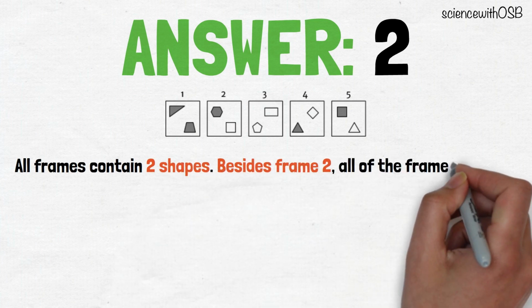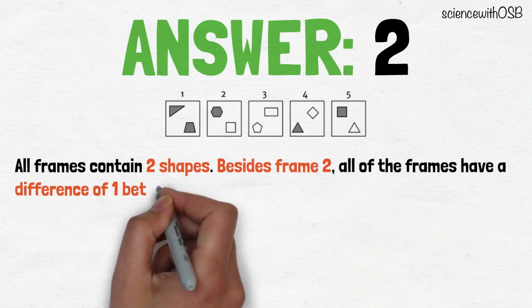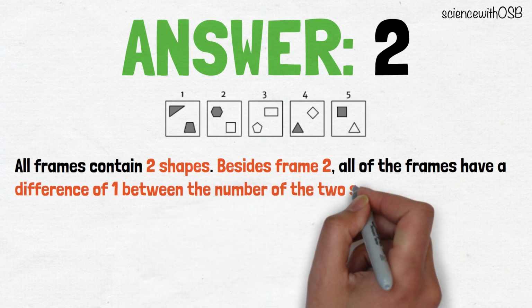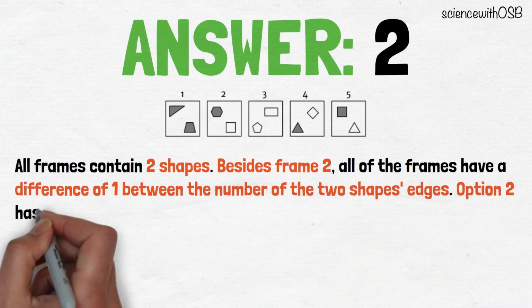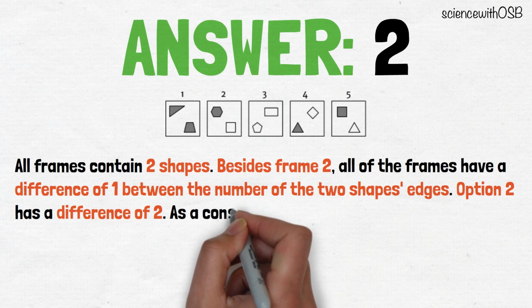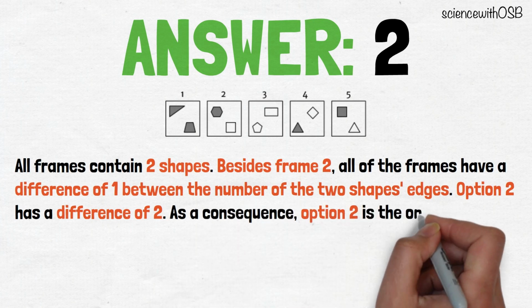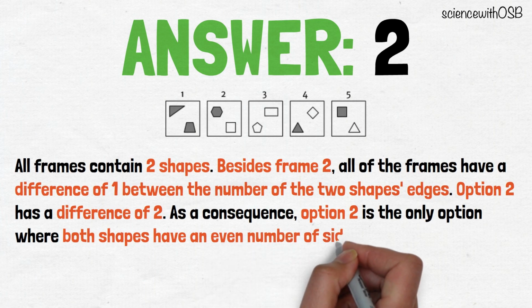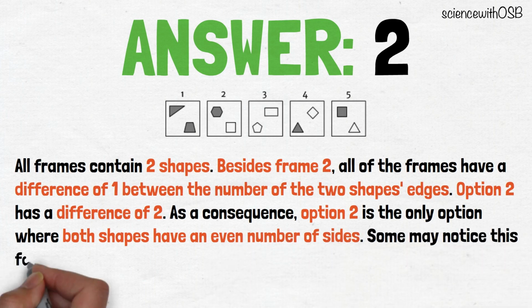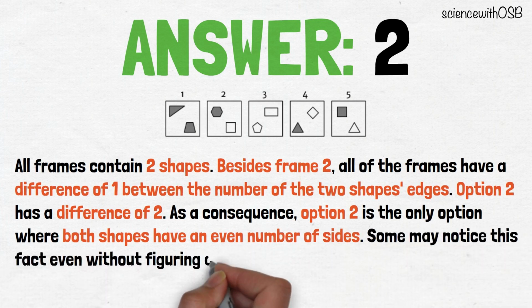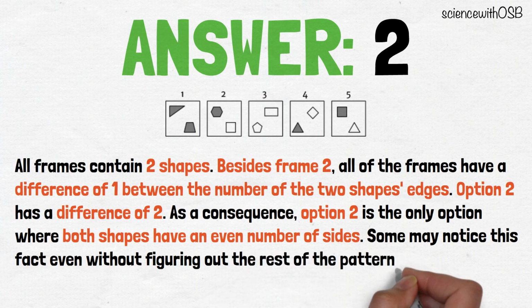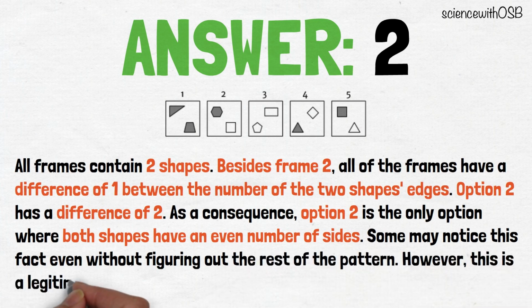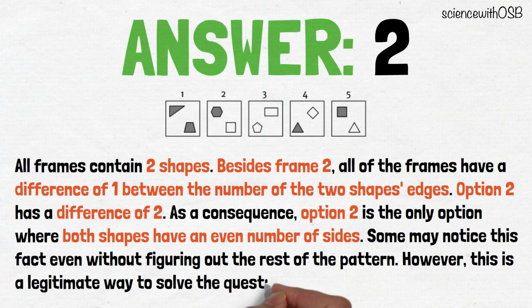Besides frame 2, all of the frames have a difference of 1 between the number of the 2 shapes' edges. Option 2 has a difference of 2. As a consequence, option 2 is the only option where both shapes have an even number of sides. Some may notice this fact even without figuring out the rest of the pattern. However, this is a legitimate way to solve the question.